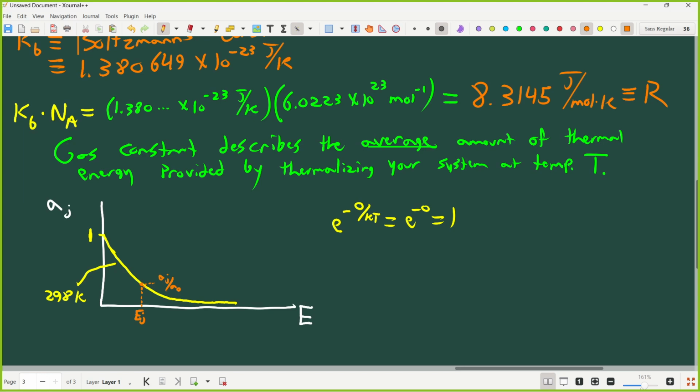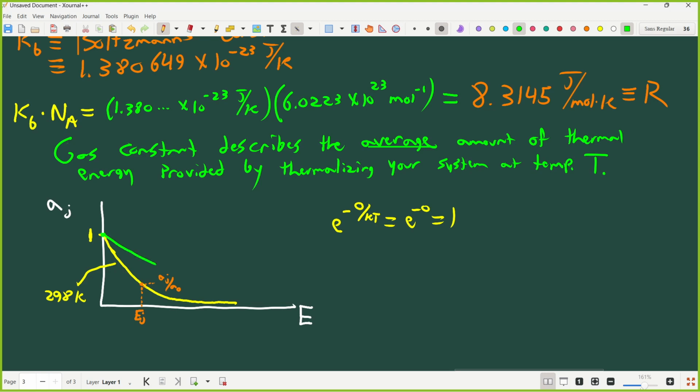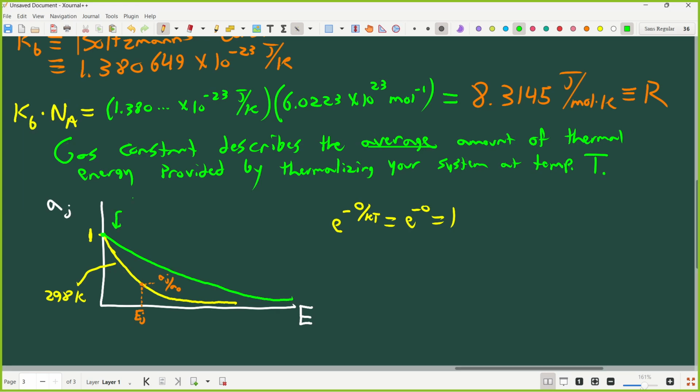Now as I increase the temperature, the function still starts at 1, because e to the 0 is 1. But the function decays more slowly because the exponent is smaller as a function of E. So this equation will decay more slowly. So this is at 600 Kelvin.